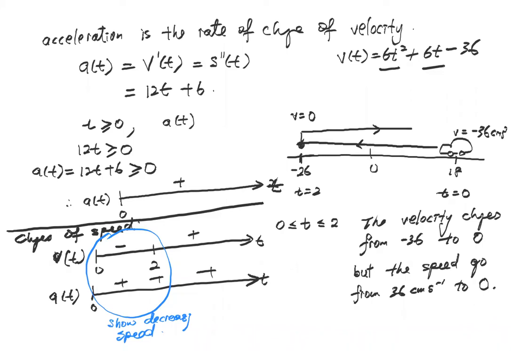So if you want to determine whether the speed is increasing or decreasing, you must have which two sign diagrams? Both acceleration and velocity. I showed it to you already. That will help you to judge about speed. Are you clear? So these are the skills that you must have when you talk about motion in a straight line. Clear?